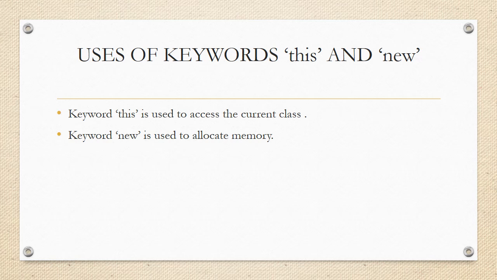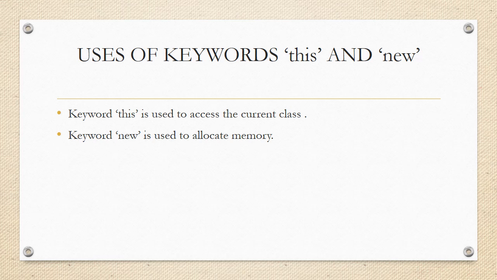Next keyword is new. You all are familiar with new. New is mainly used to allocate the memory. Whenever we are declaring any variable, in case of composite data types, the memory requirement is not fixed, because primitive data types can be different. So the size of composite data types can vary from each other.